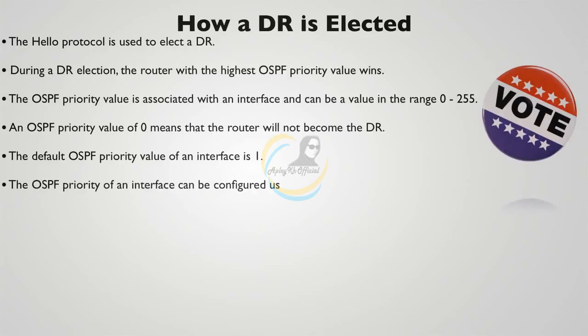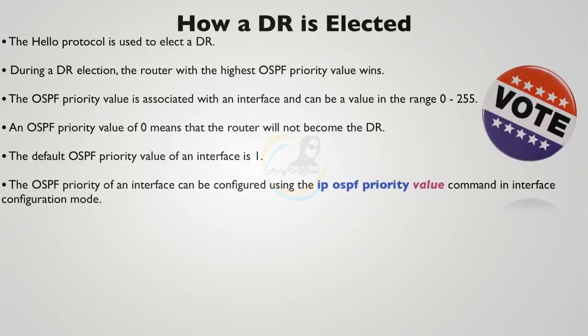We could go into interface configuration mode and use the ip ospf priority command followed by a value. We would need to give a value in the range of 0 through 255, and we could specify a 0 there if we did not want this router to become the designated router, or we could give it a high value if we did want it to become the DR.